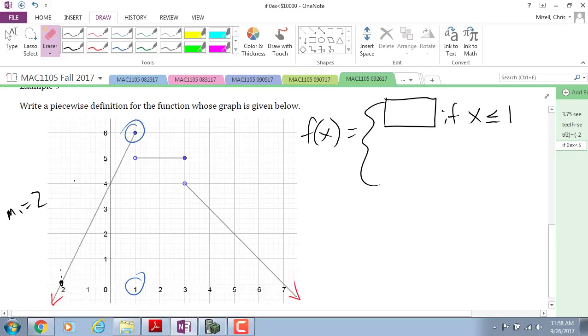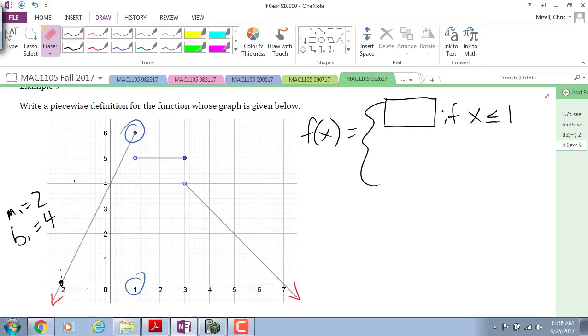equation to do this, but we can tell by inspection the y-intercept of this piece of the graph. What is its y-intercept? Where does it cross the y-axis? 4. So b1 equals 4. The y-intercept is the point 0, 4.